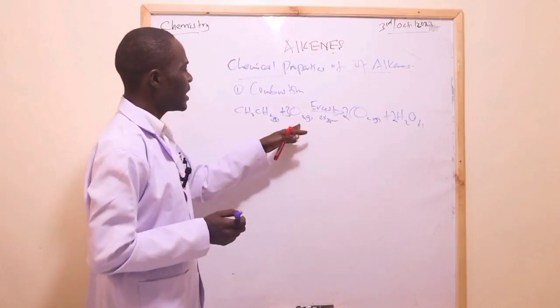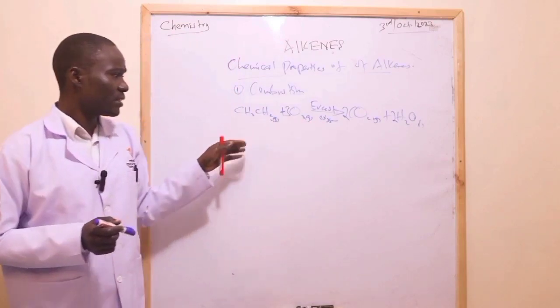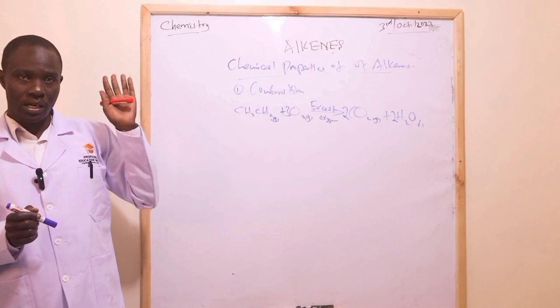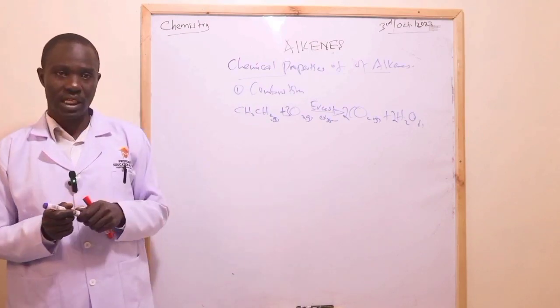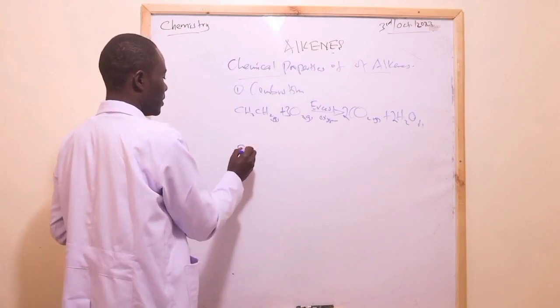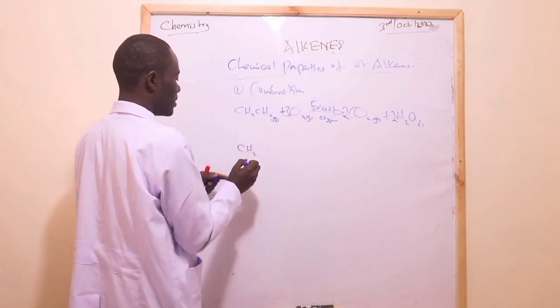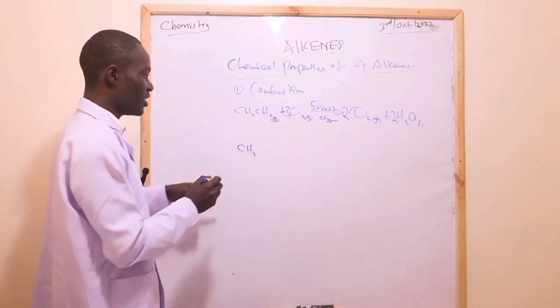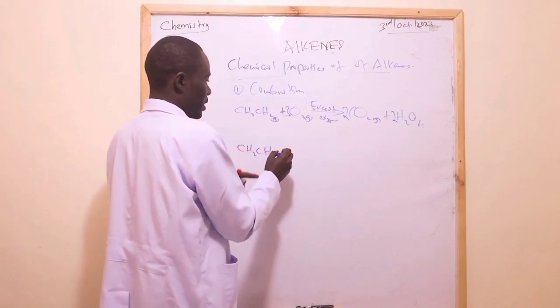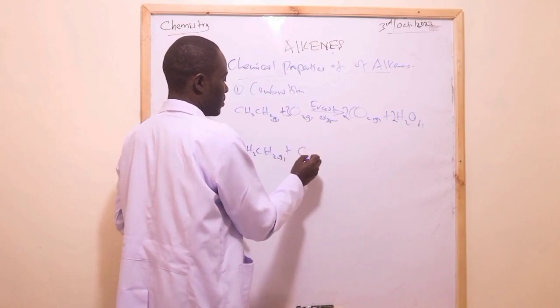Now, should there be insufficient supply of oxygen, what is formed is just the unstable oxide of carbon, that is carbon 2, that is CO. So we have C2H4, that's the molecular formula of ethene, reacting with oxygen.